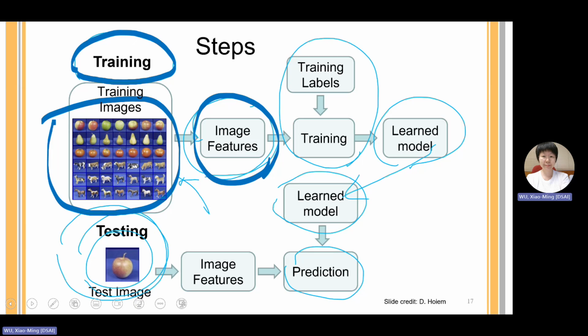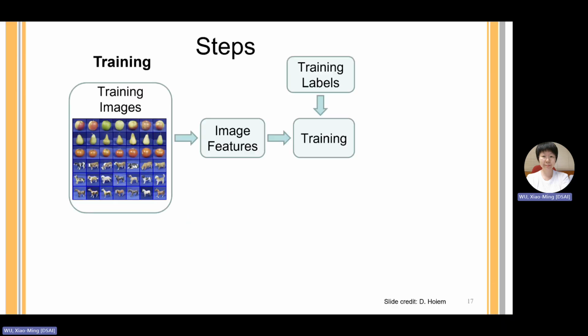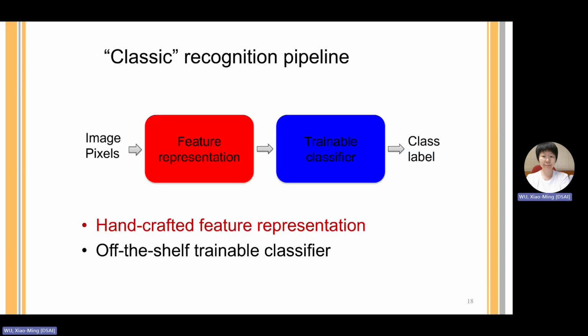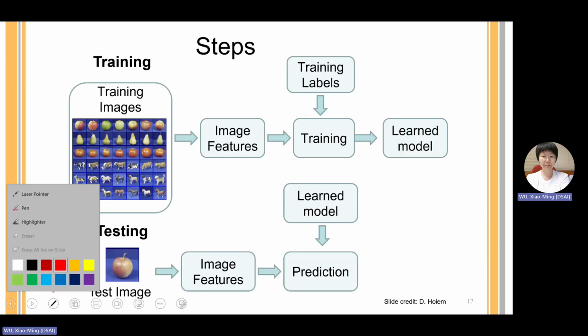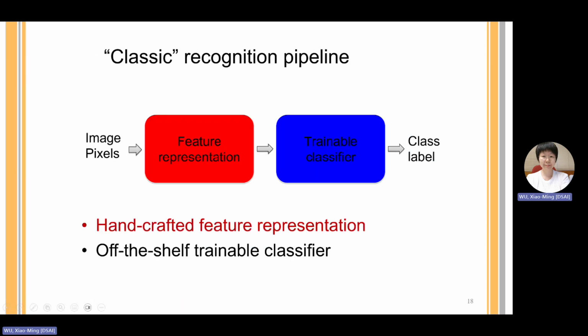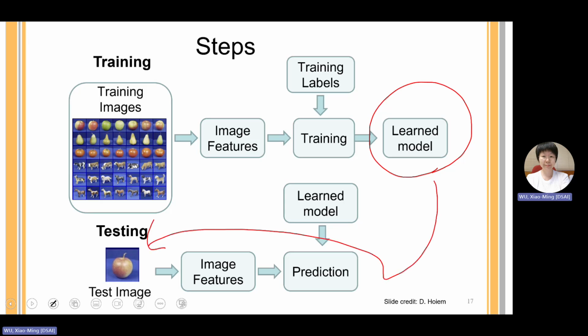In the statistical learning framework, we want to train a model that performs well, which is robust, on new unseen test examples.